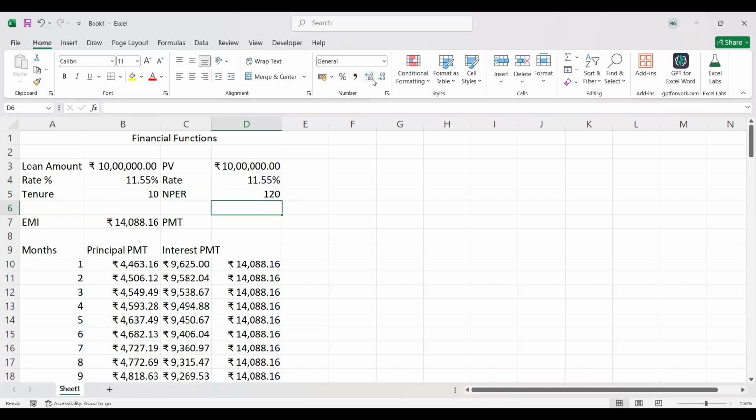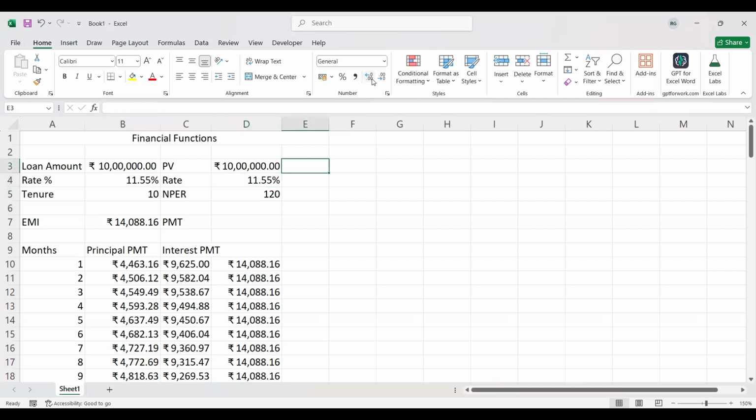So this is how I have used the function PMT to check out the EMI amount. I have used PPMT to check the principal payment we are doing per month, IPMT to check the interest payment, then PV to get the present value, RATE to get the rate percentage, and NPER to get the number of periods, how many periods are being there.